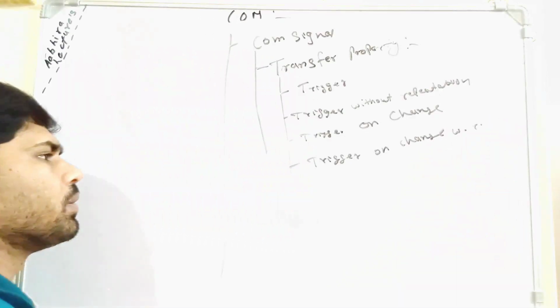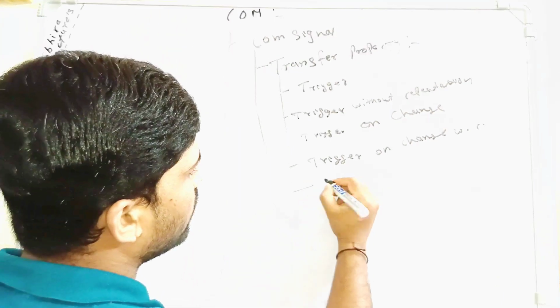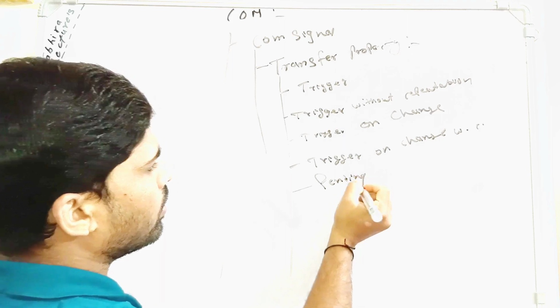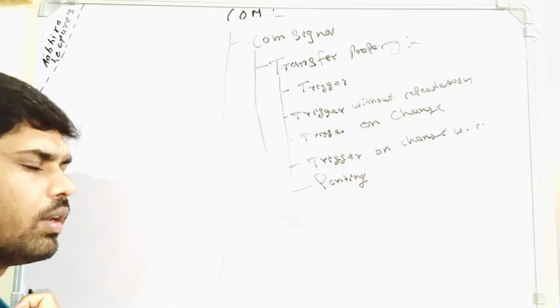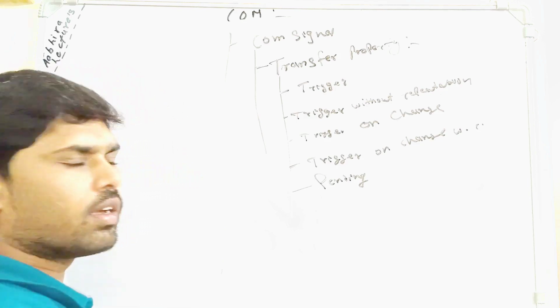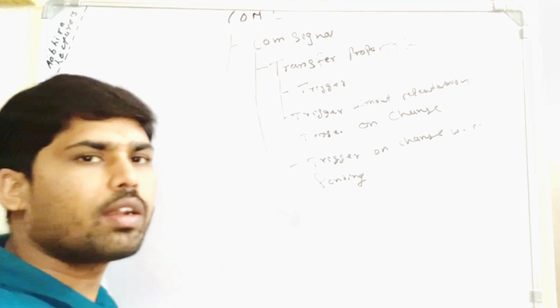Okay, then lastly pending, or we can say periodicity. Okay, so these are the 5 parameters which we have to configure in the transfer property.